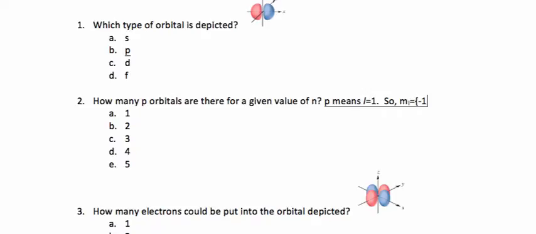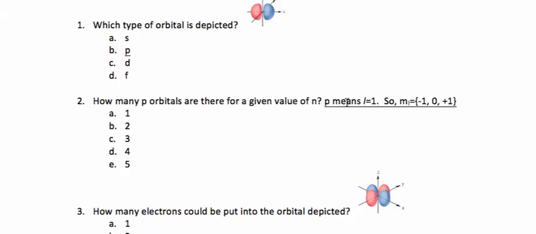It could be negative 1, it could be 0, or it could be positive 1. All of those are good possible values for m sub L given that L is equal to 1. And we know L is equal to 1 because we're talking about a p orbital. And that's true for any p orbital, whether we're talking about a 2p, a 3p, or 4p, or whatever.